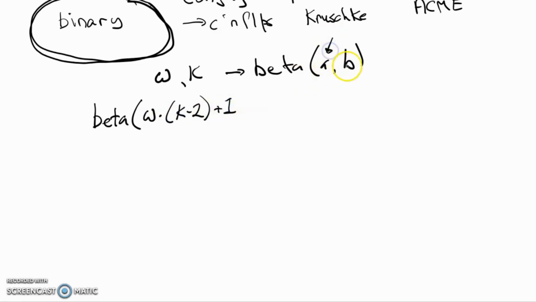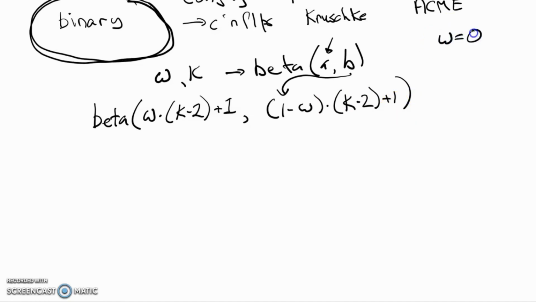That's going to be our A. And our B is going to be (1 minus omega) times (kappa minus 2) plus 1. So if we know that omega is equal to 0.2 and kappa is equal to 20, then what we've got is a beta distribution of 4.6, 15.4, and then we apply our magic.